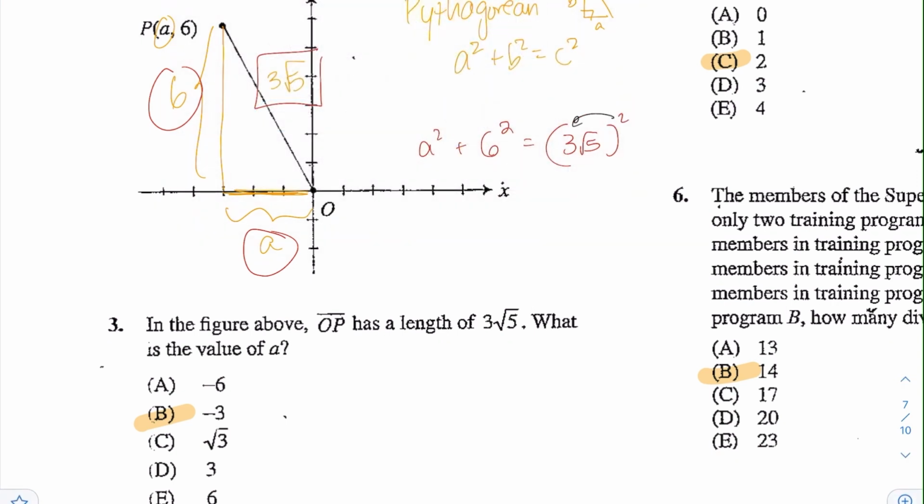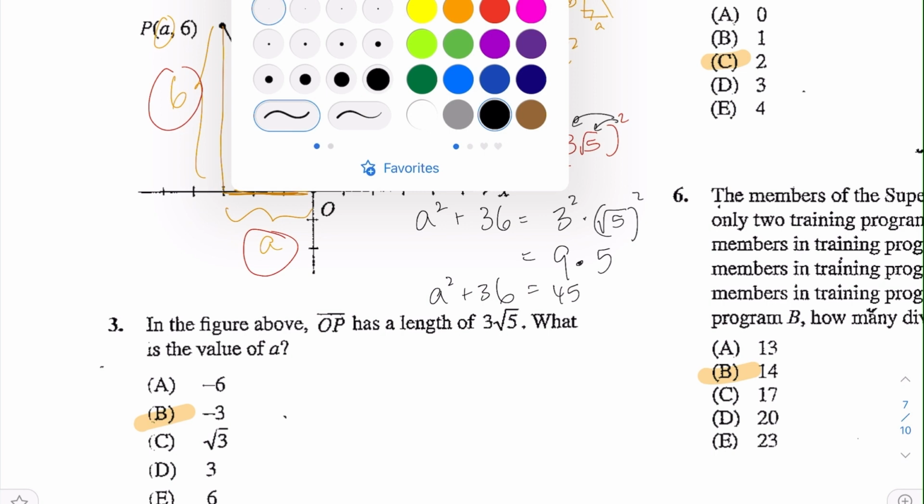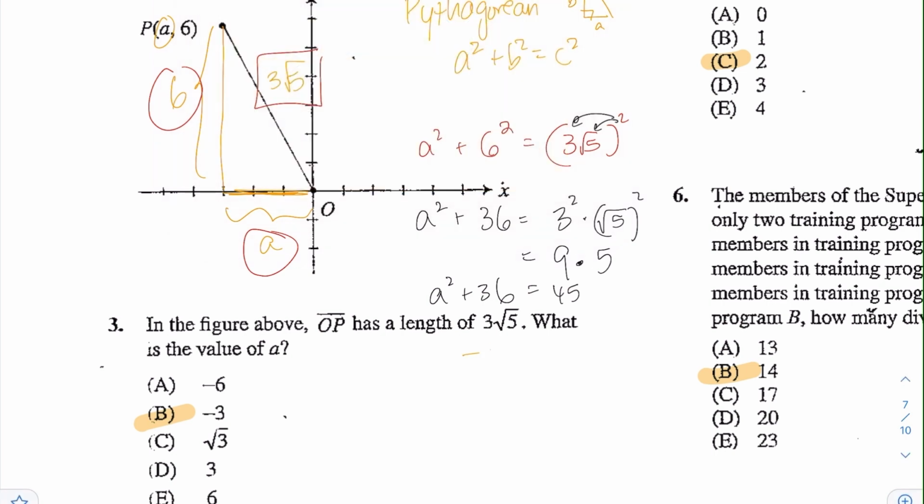So here you're going to have to distribute the exponent, and that'll give you a squared plus 36 is equal to 3 squared times the square root of 5 squared, or 9 times 5, which is equal to 45. So a squared plus 36 is 45. To solve for a, you have to subtract 36 from both sides.